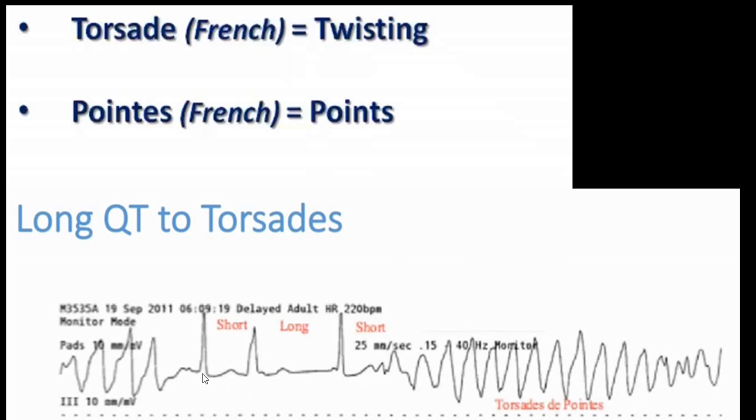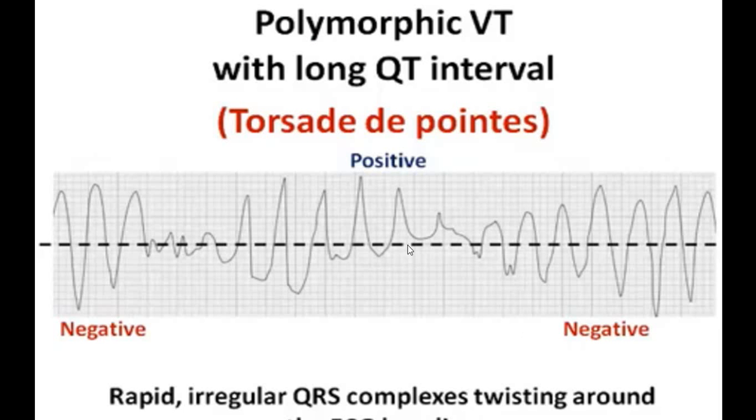So this is having a short QT, this QRS complex is having a long QT, and then again there is a short. So usually it is mentioned as short, long, short QT followed by polymorphic ventricular tachycardia. That is classically seen in a case of Torsades De Pointes.